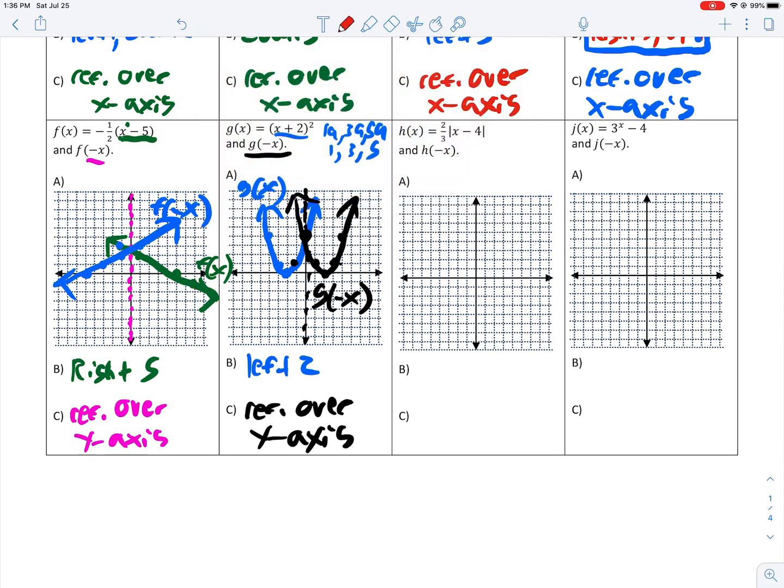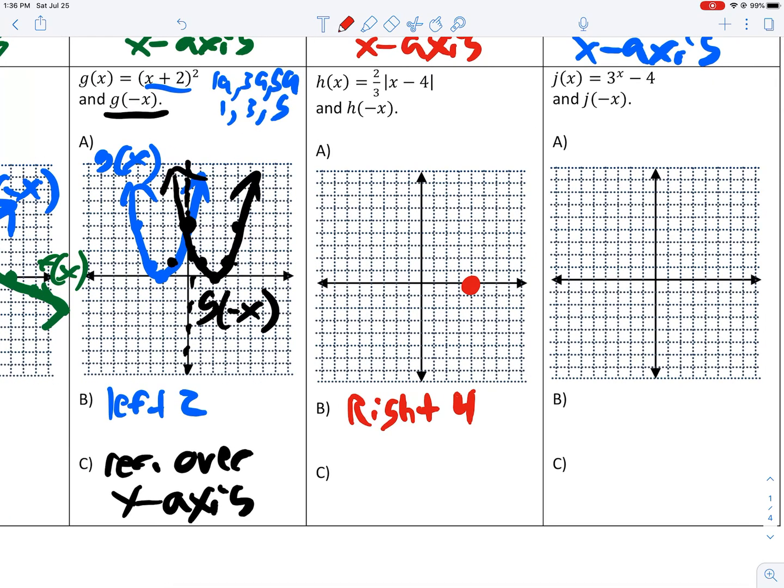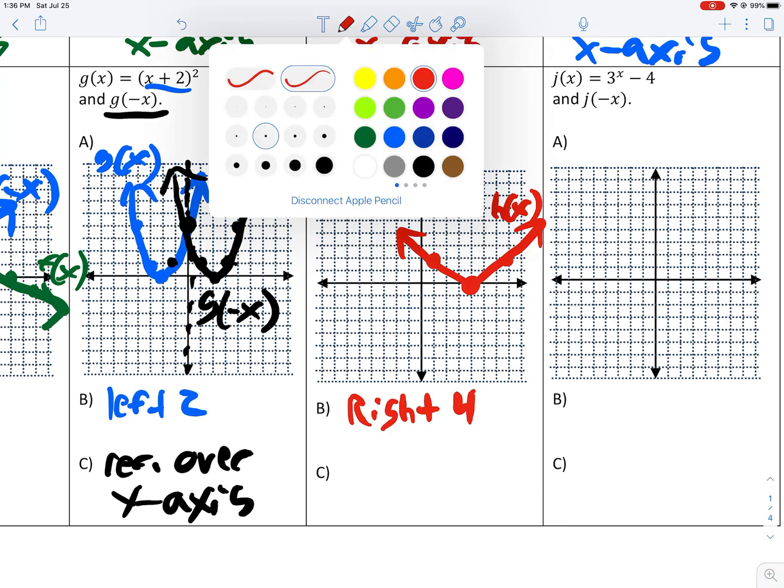Okay, now we have the absolute value. So this has been shifted to the right 4. So 1, 2, 3, 4. So now there's your new vertex. Positive 2/3, so up 2, 3 to the right, up 2, 1, 2, 3 to the left. So there we go. So that's h of x.